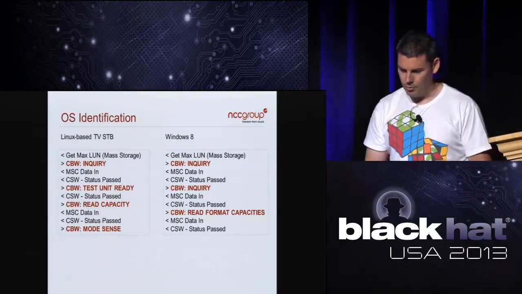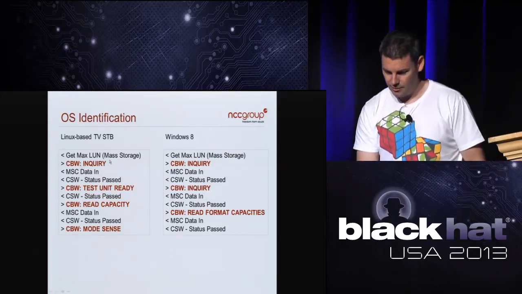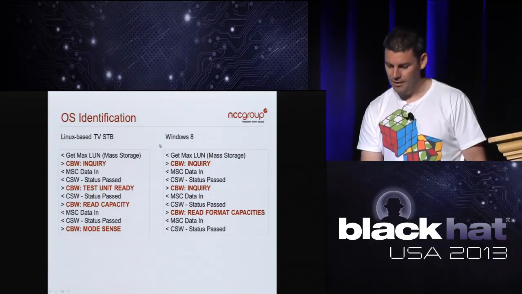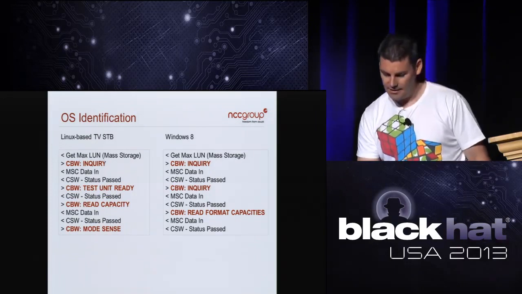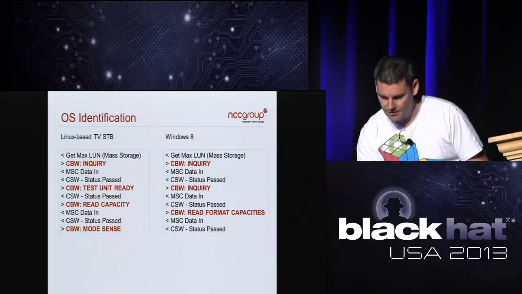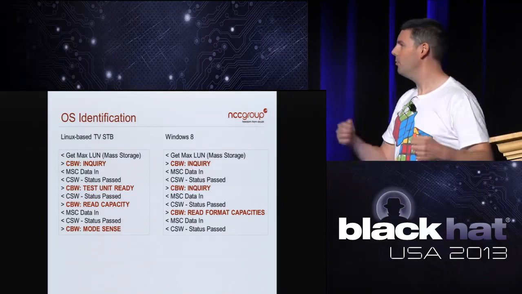So here's an example of some class-specific communication. We've got this Linux-based TV set-top box and Windows 8. And you plug in your mass storage device, it goes through enumeration, and the way that these requests and replies happen are always the same every time you plug it in.